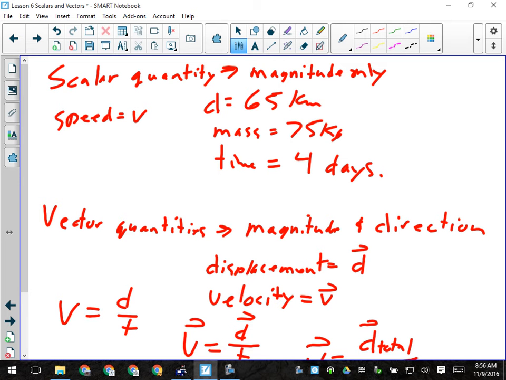It just tells people how much of you there is. The amount of matter that you possess is your mass. Time is scalar, 4 days. Vector quantities have magnitude and direction. So if it's displacement, it's like 20 kilometers north. It's important to remember that vector quantities have both magnitude as well as direction. So they are a measured quantity with units and direction.